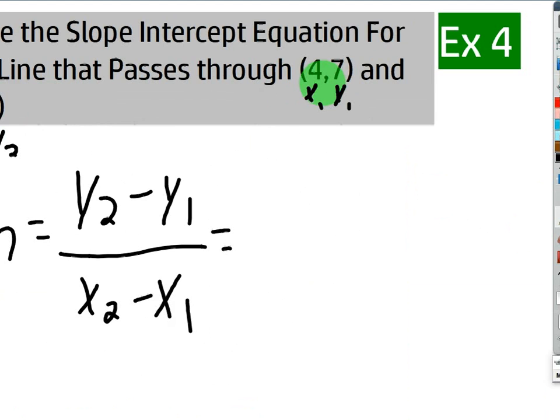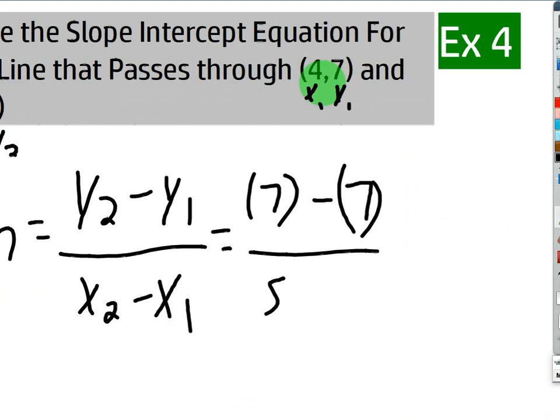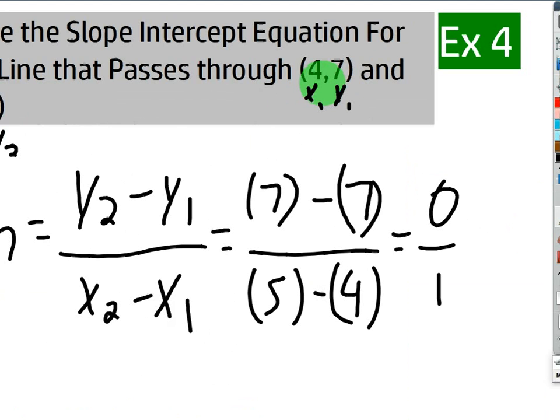It's 0. Good. So y2 is 7, y1 is 7, right? x2 is 5, x1 is 4. So we get 0 over 1, so the slope is 0. It's horizontal. Good, it's a horizontal line.